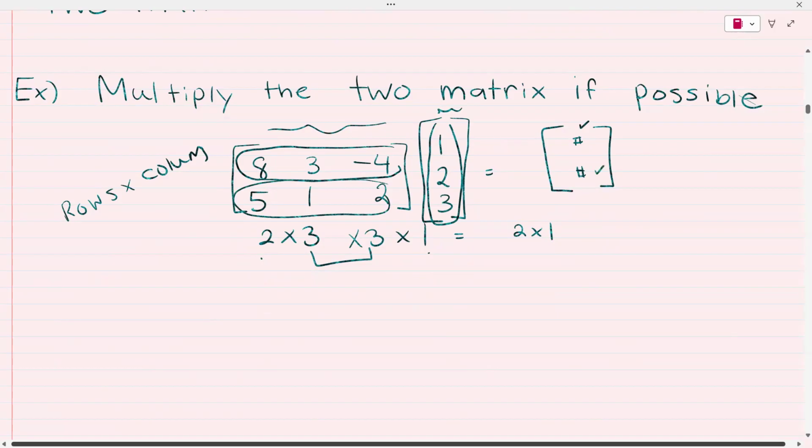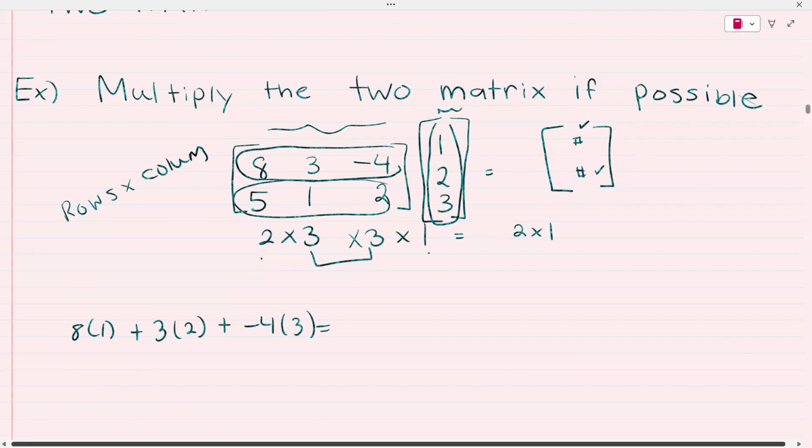So let's do the first part. This row, 8, 3, -4, multiplied by the vertical column 1, 2, 3. So that's 8 times 1 plus 3 times 2 plus -4 times 3.